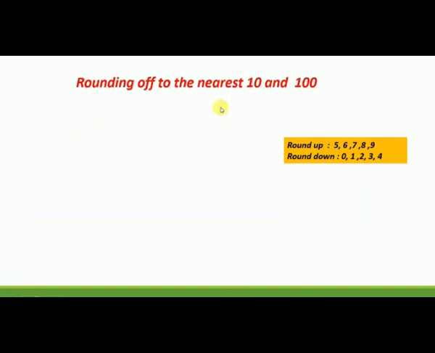Now we are going to round off to the nearest 10 and 100 for a 4-digit number. So we are going to find the nearest 10 of 4367. As we already know, to find the nearest 10 we always have to look at the ones place.